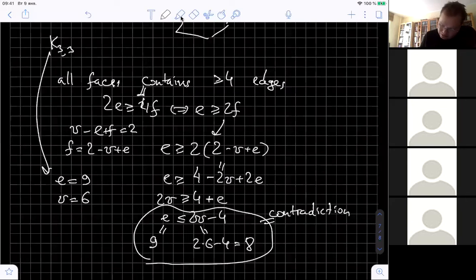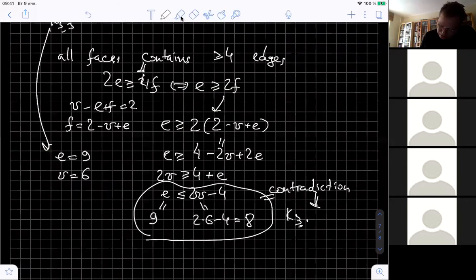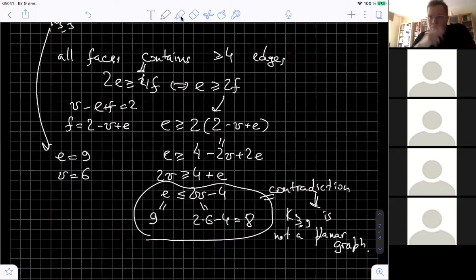So K33 is not a planar graph. Okay? Yes, sir, it's clear.